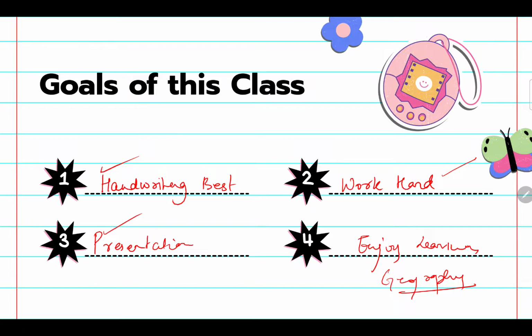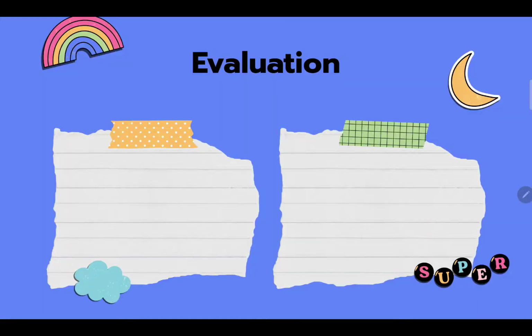So you need to understand, as we grow, as we learn the new important aspects, you have to be developing. So, evaluation. I am evaluating every worksheet, activity, plus homework, plus regularity. So for this, I have chosen Student of the Week.